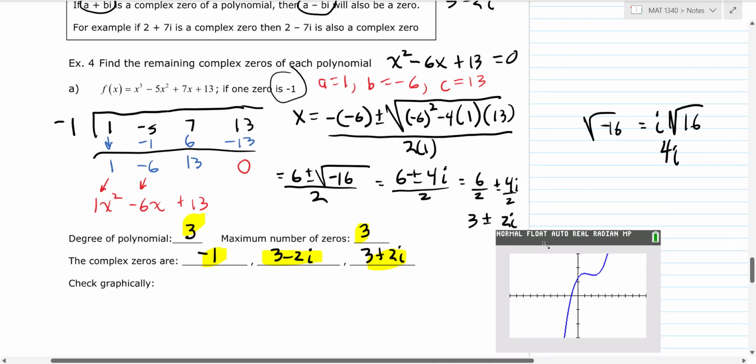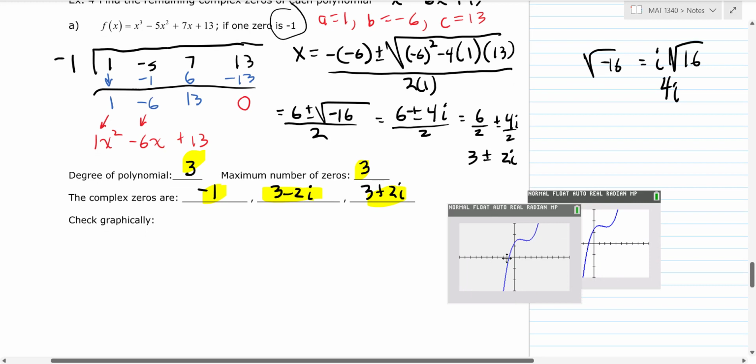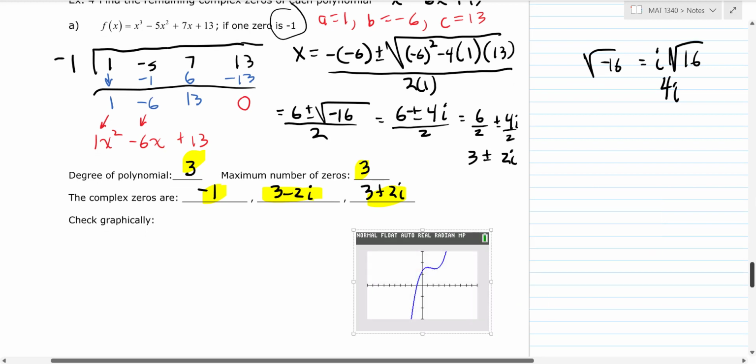So you're only going to get one intercept, so make a note of that: x equals -1. There's just one x-intercept, but it has all of the end behavior we would expect for a polynomial. It only crosses one time. So there's no crossing or touching for complex numbers.